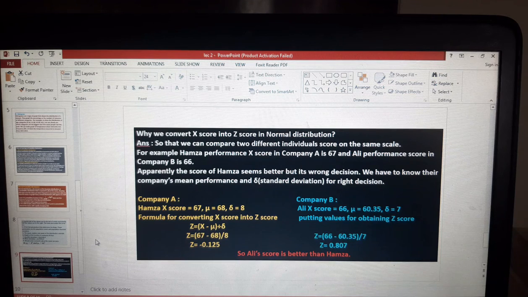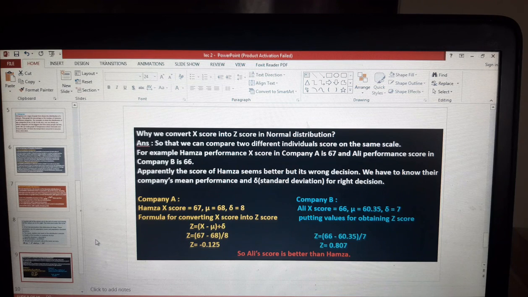We have to know their company's mean performance and standard deviation for the right decision. For example, in company A, Hamza's X score is 67 and company's mean performance is 68, standard deviation is 8. And in company B, Ali's X score is 66, mean performance is 60.35 and standard deviation is 7.